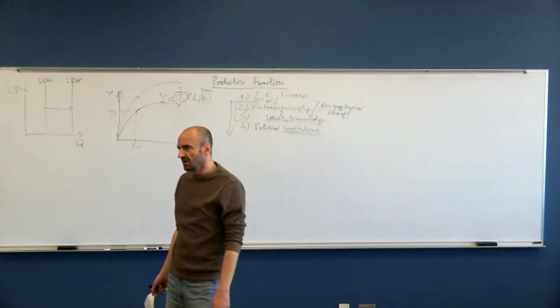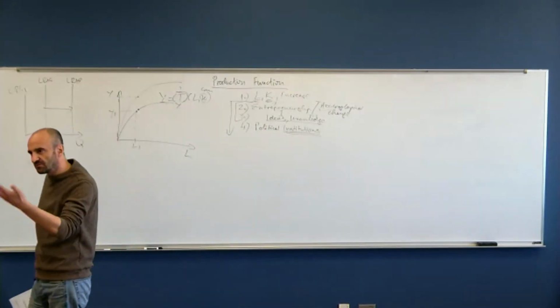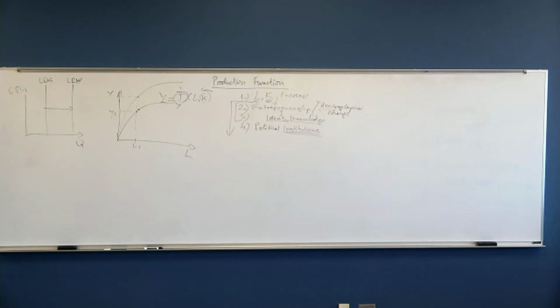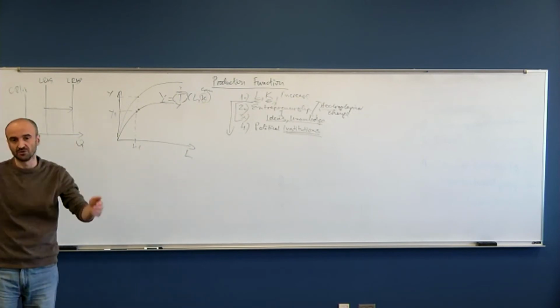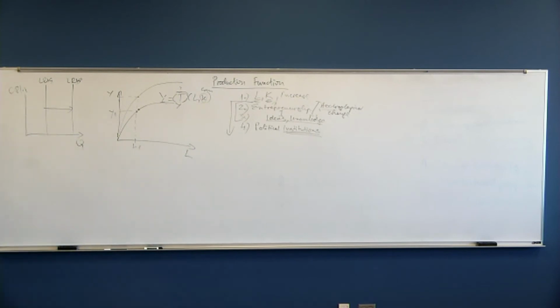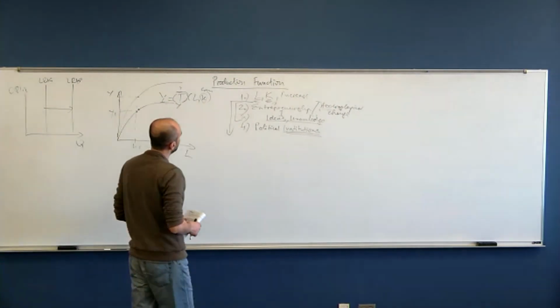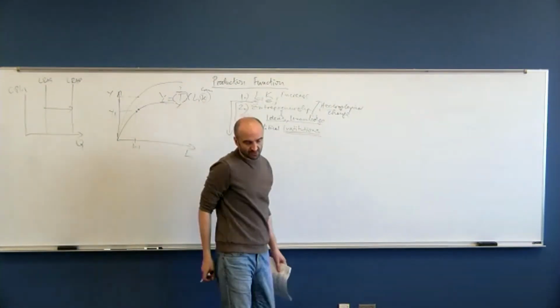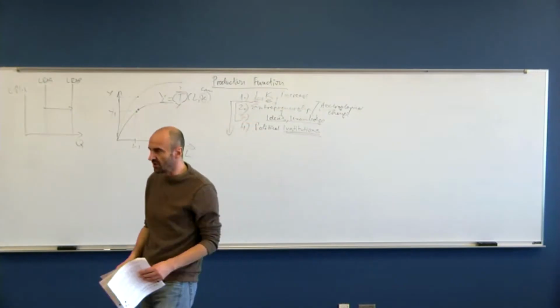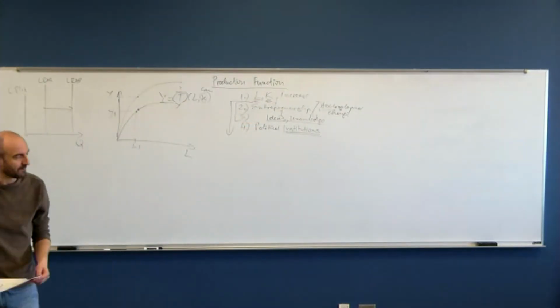How does it help us clarify certain puzzles and certain problems that we observe in economic history, and also how does that complicate our life? How does that complicate our models? Okay, let's first start with the factors that contribute to the increase in labor or capital.